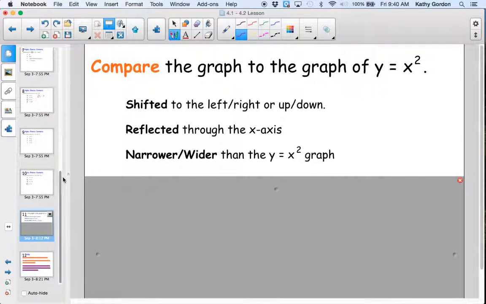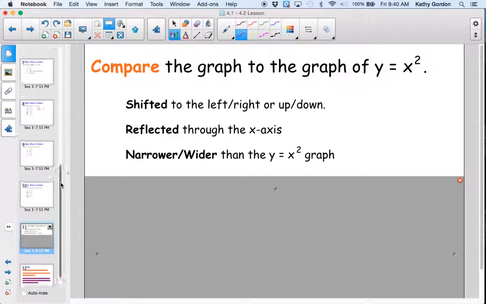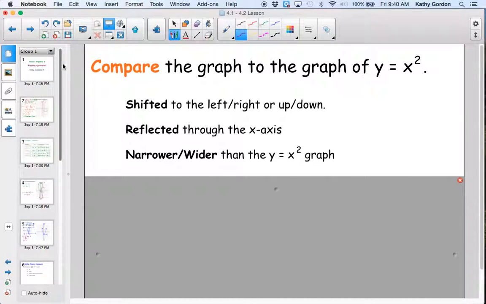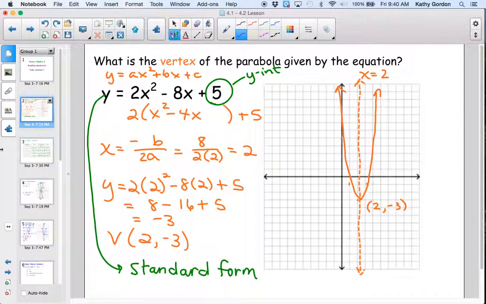So if we go back up here, let's take a look at a couple of these. So let's go back to our first one. Okay, first of all, what does y equals x squared look like? Where's my vertex? 0, 0.